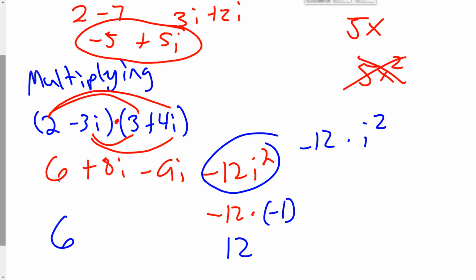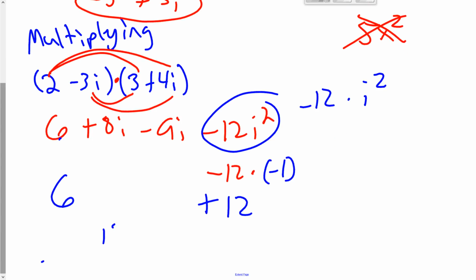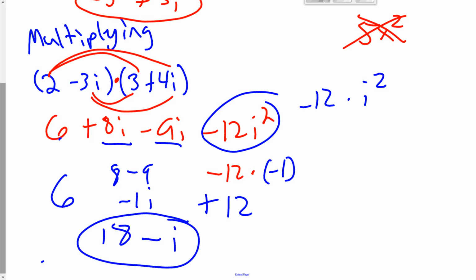So then I have 6 plus 12, which is 18. And then I have 8i minus 9i. Since they're both i's, I can take 8 minus 9 and I get negative 1, and I have the i, so negative 1i. So 18 minus 1i, or you can just do minus i. So that's foiling it out.